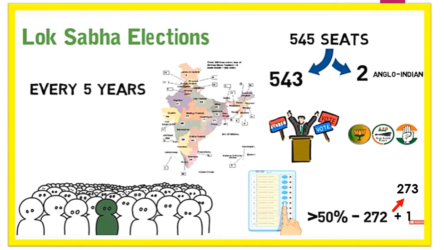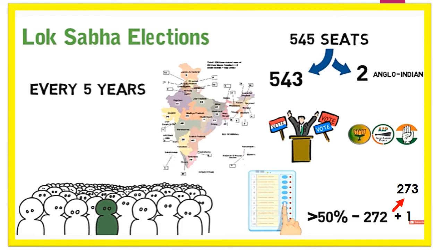Out of that 545, 543 are directly elected by the people and 2 are nominated by the president who belong to the Anglo-Indian community so that they are properly represented in the Lok Sabha. Once the constituencies are decided, the political parties put up their candidates from each constituency, people vote, and the party which gets more than 50%, that is, half of 545 is 272 and one more is required to get that majority.